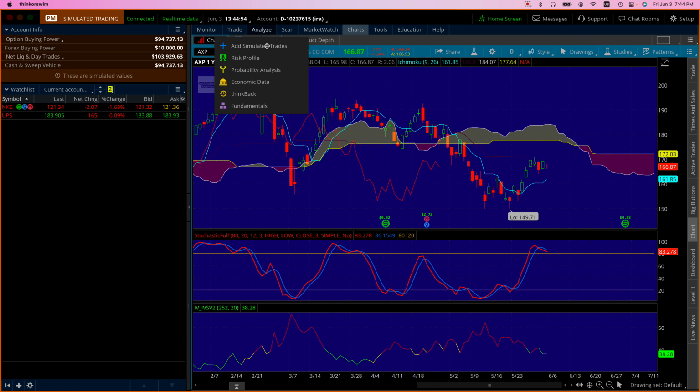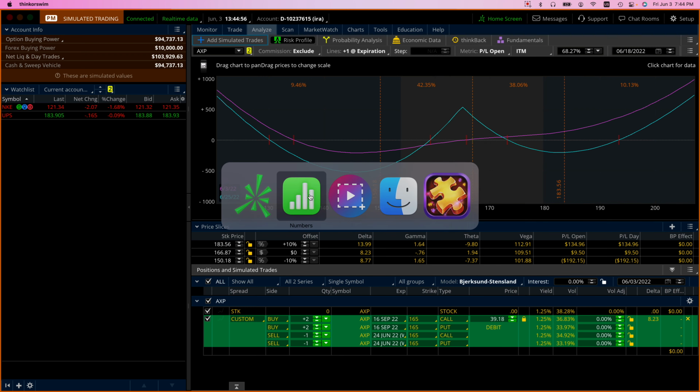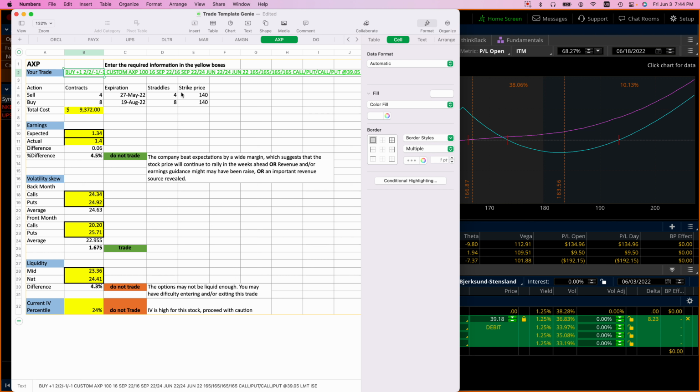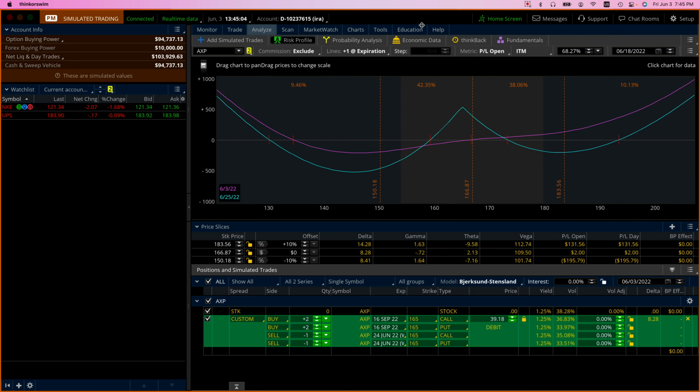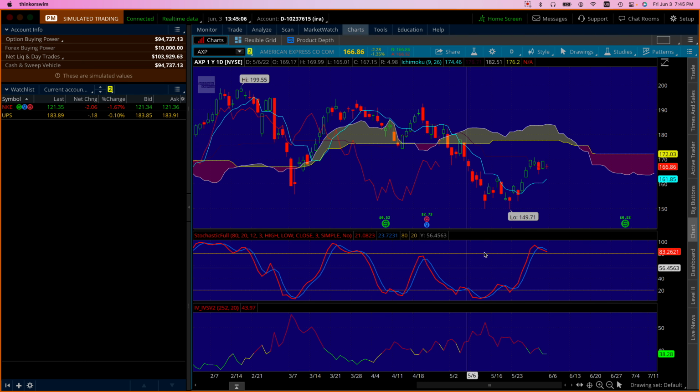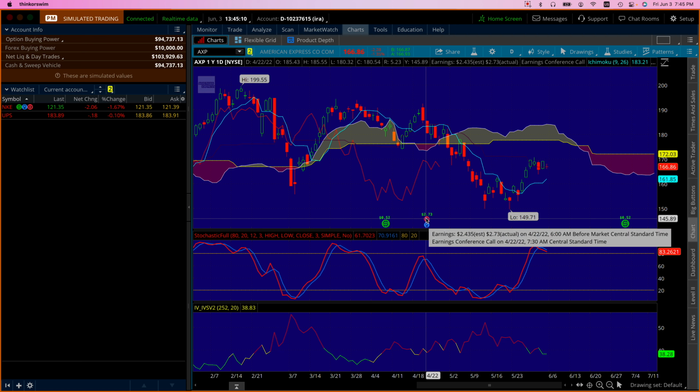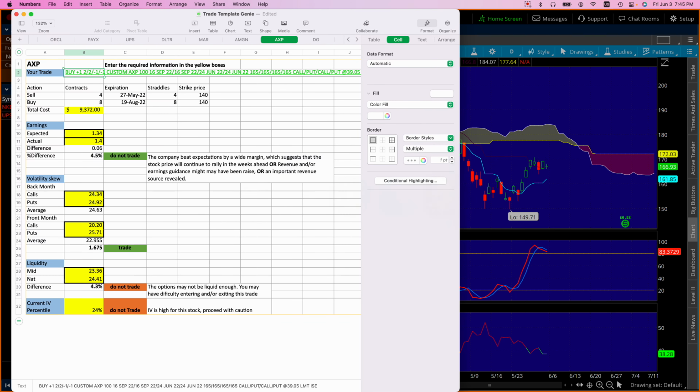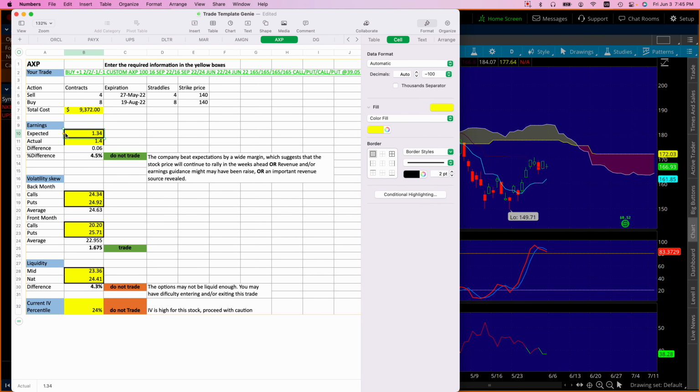Let's go to the Analyze tab, and let's analyze it here. The cost, 39, I'm going to do that last, the cost and so on. Let's go to the earnings first. Chart, earnings, 2.43 versus 2.73.